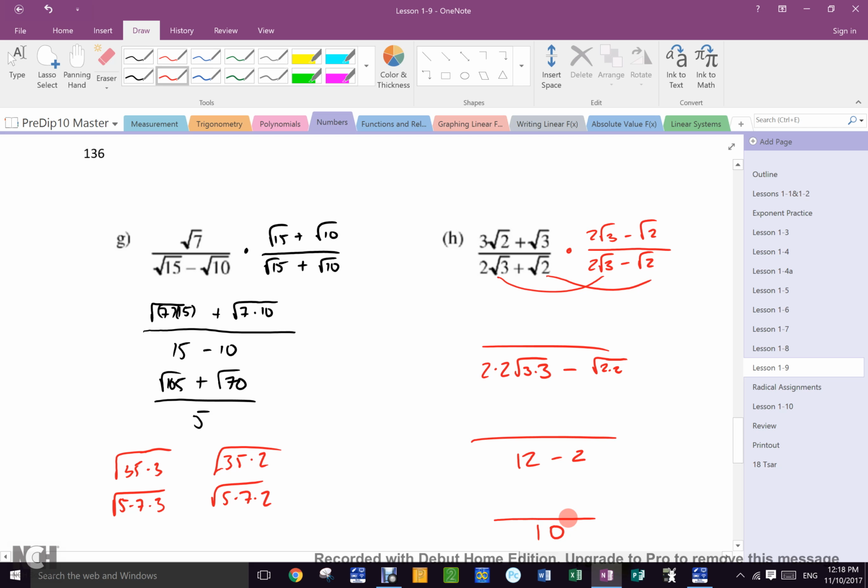Yeah. Okay. Now the top, this is where it starts to get a little hairy because it's binomial now, isn't it? So let's go nice and slow. What's that? 6 root 6, right? What's that?